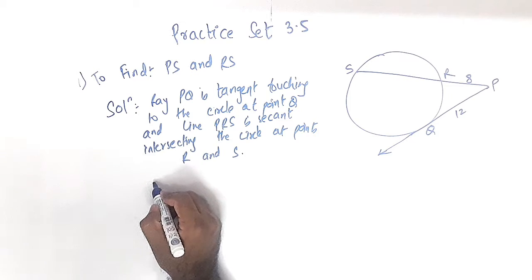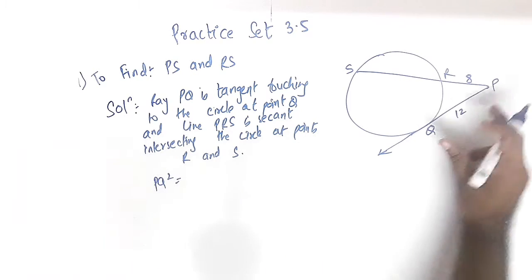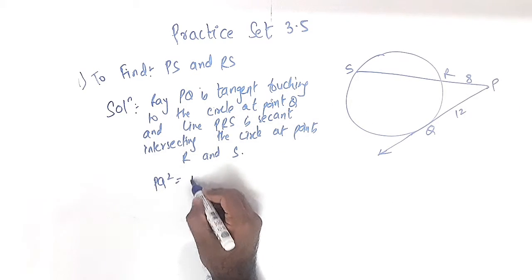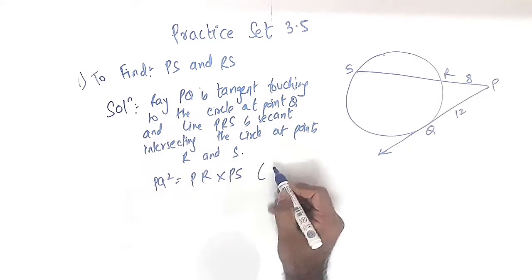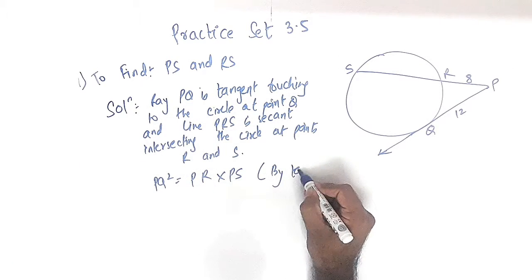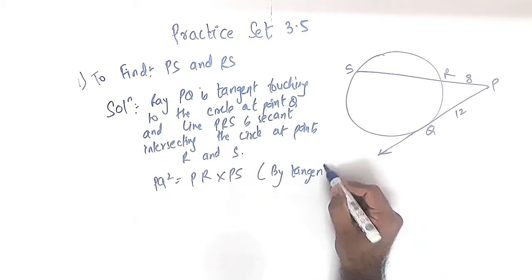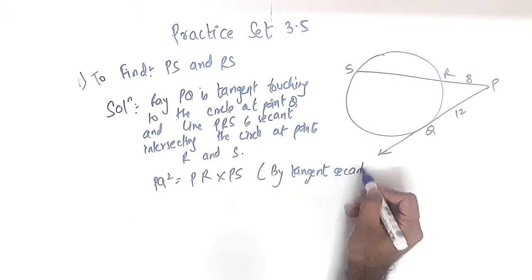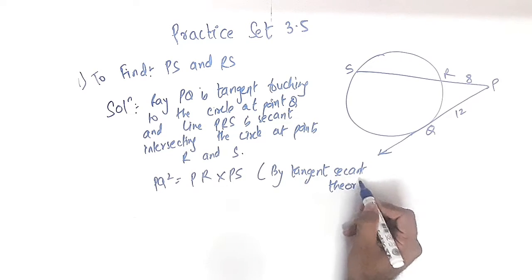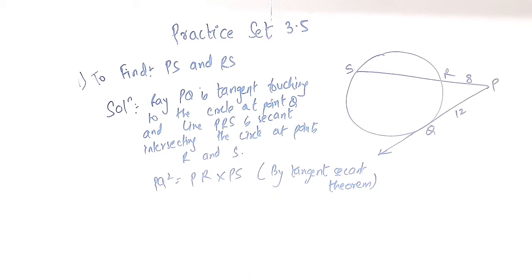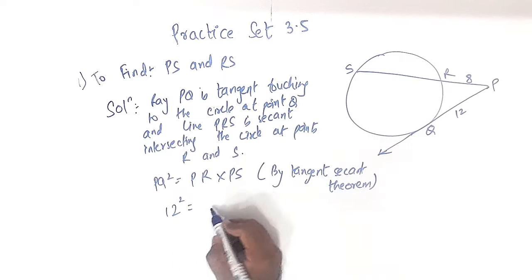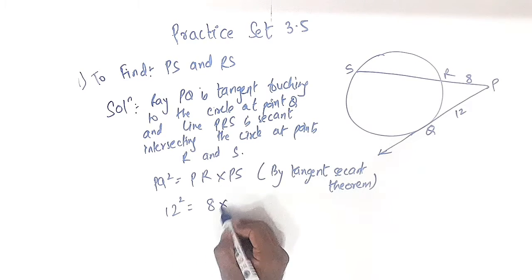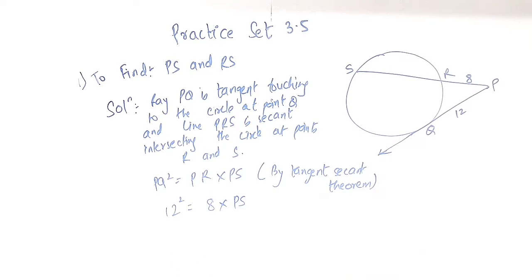Then we can write PQ square, tangent segment square, is equal to PR into PS. This you have done by the tangent secant theorem. Now we'll substitute the values. PQ square is 12 square, PR is 8 and PS we have to find out.